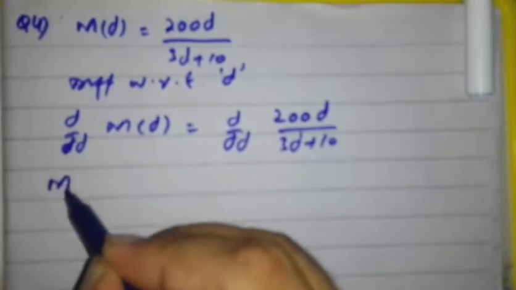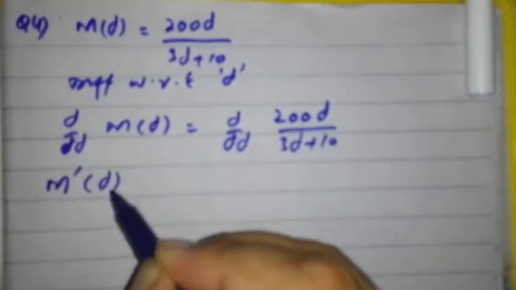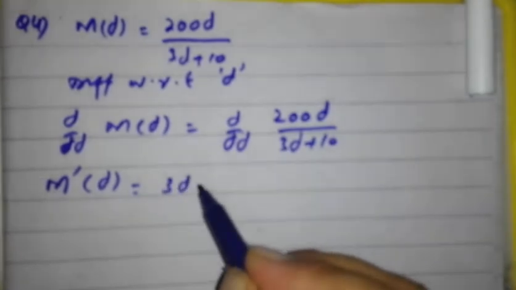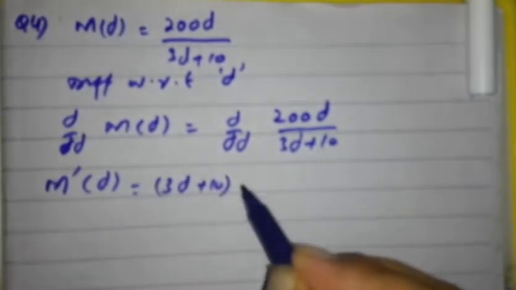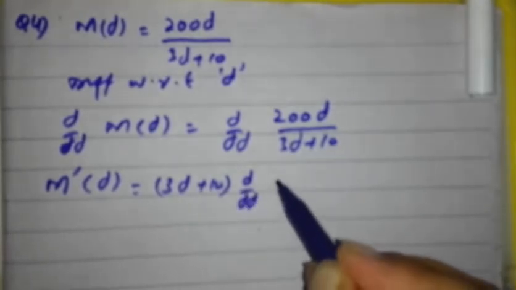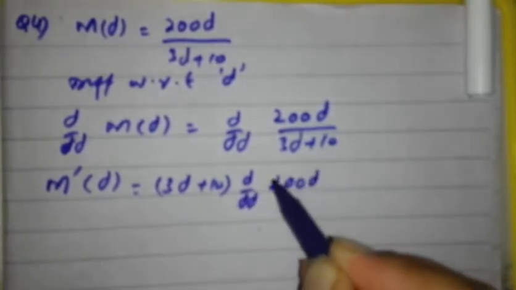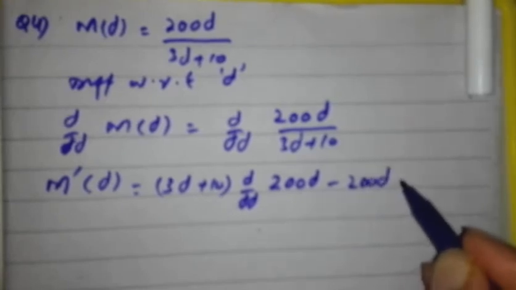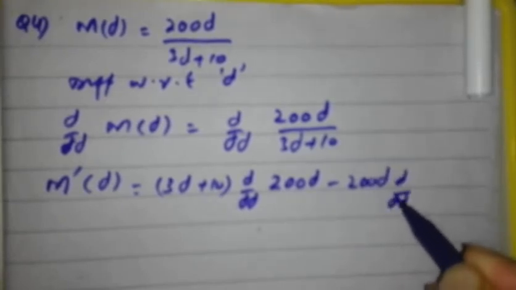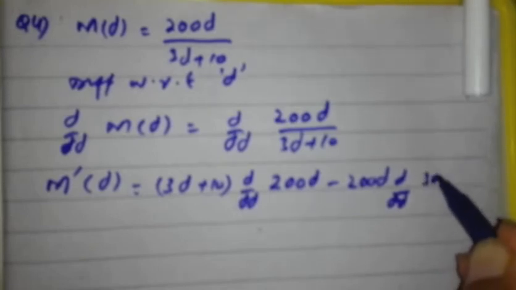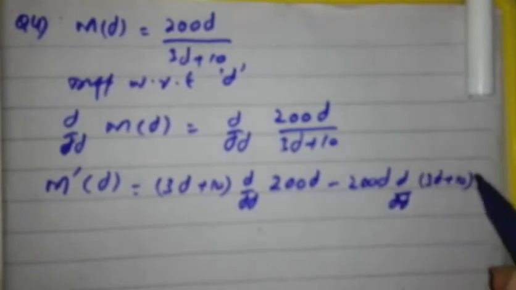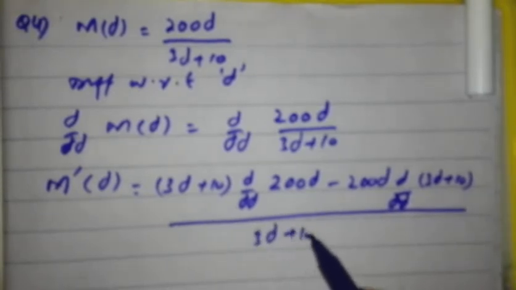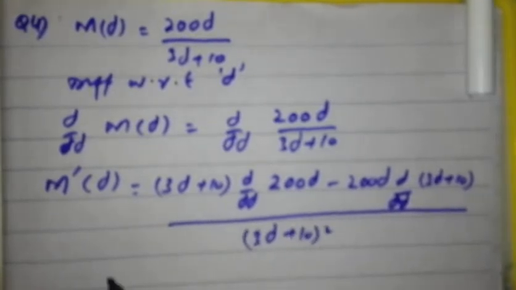So here it becomes M prime of D, and apply the quotient rule here: 3D plus 10 into d by dD of 200D, minus 200D into d by dD of 3D plus 10, over 3D plus 10 whole square.